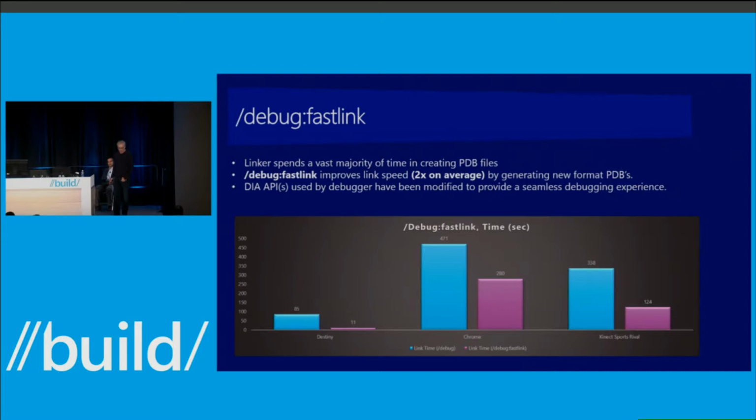So one of the things that debug fastlink will do is maintain the debug information in the object files rather than move them into one PDB, and we'll actually create a new dictionary PDB to refer back to the different object files. So it's a simple idea. It's basically we don't move 400 pounds of stuff each time we build the application. We just create a lookup for it. And then we had to change DIA, the interface that we publish, for being able to operate on all the new formats.